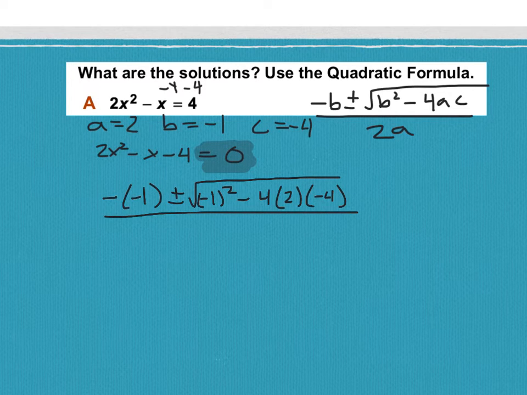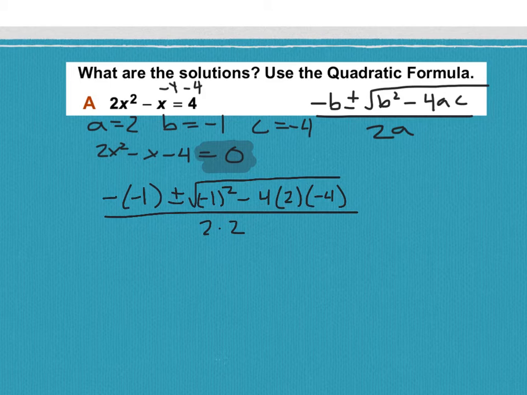What goes on the bottom? 2 times 2, because it's 2 times a, and a is 2. So 2 times 2 is on the bottom.